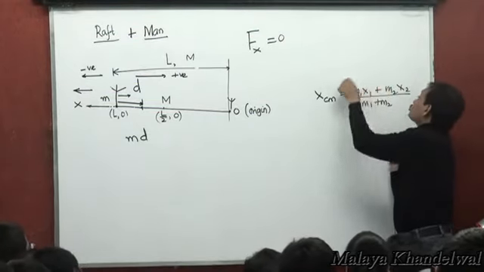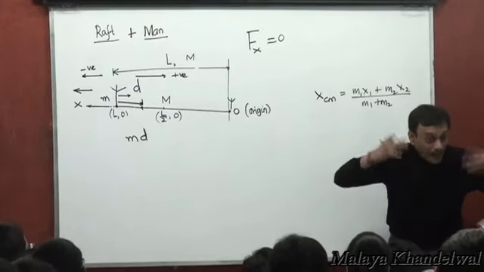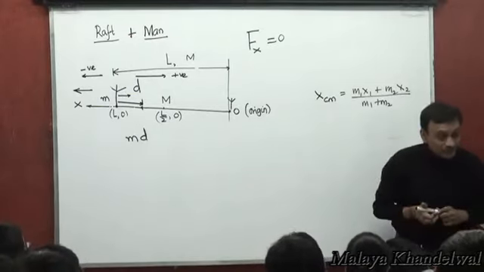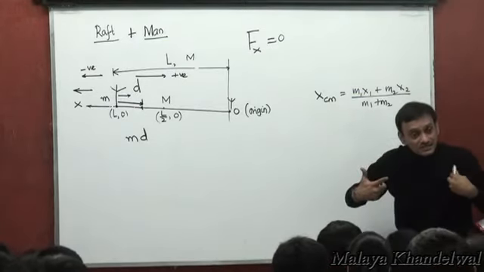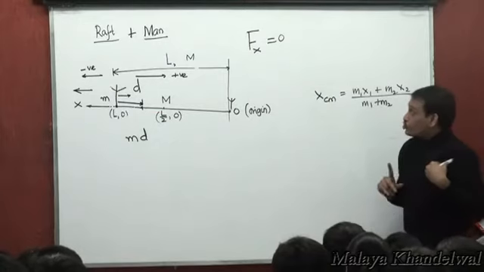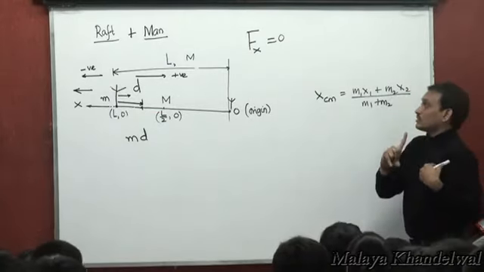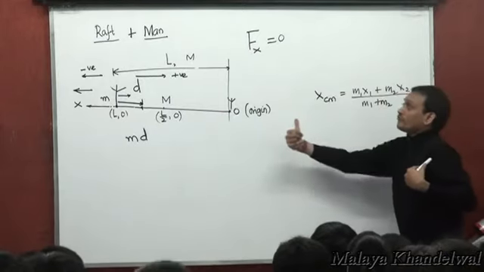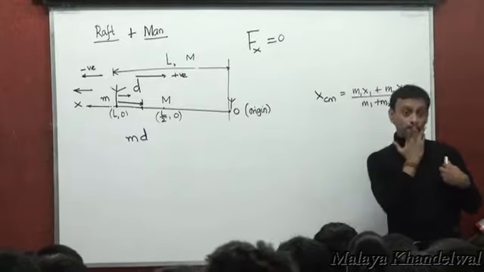That means this numerator changed by what amount? Mass into d. So that was the damage caused to the numerator, in effect causing damage to the x coordinate of the center of mass, right? You know what I'm saying? So the damage caused to the numerator by the movement of the man on the raft was small m into d.